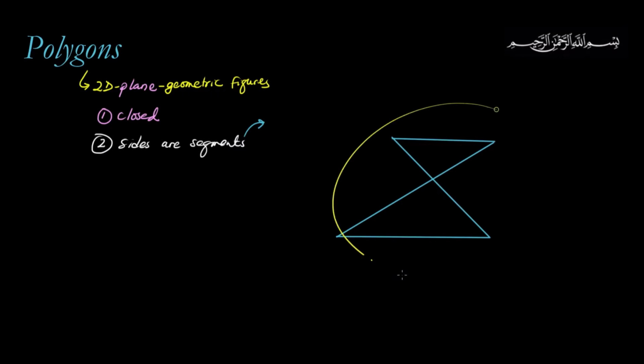But no, we're talking about this entire figure over here. This whole figure is not a polygon. The reason for that is the sides of a polygon, here I'm going to trace out this side, this is the yellow side, and I'm going to trace out this side, this is the red side, they cannot intersect like this. So the sides cannot intersect. The sides have to be segments, and also they cannot intersect each other like this.